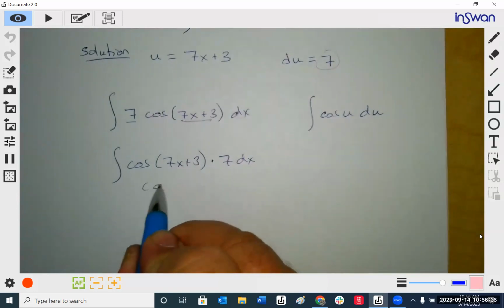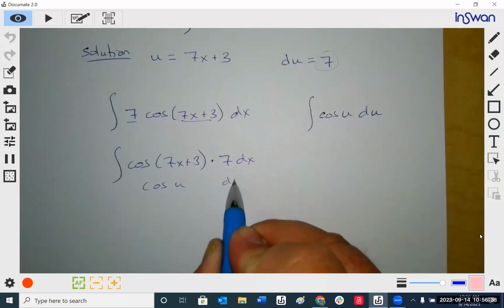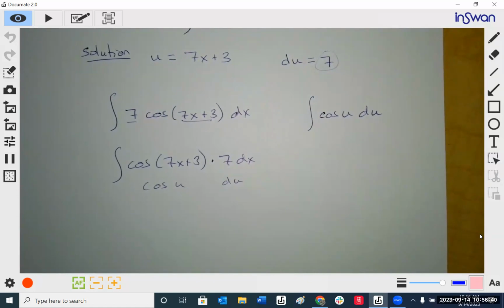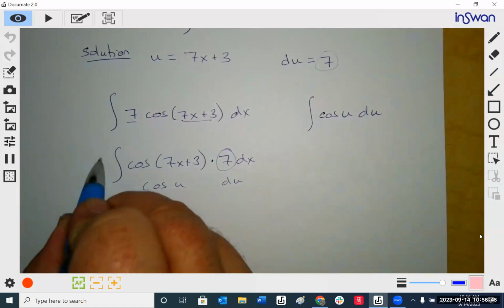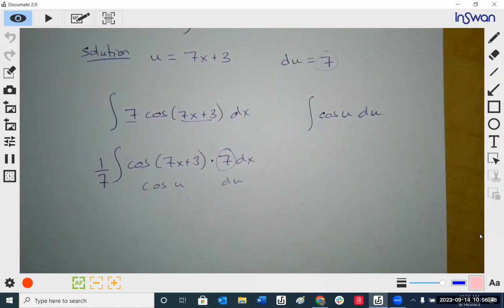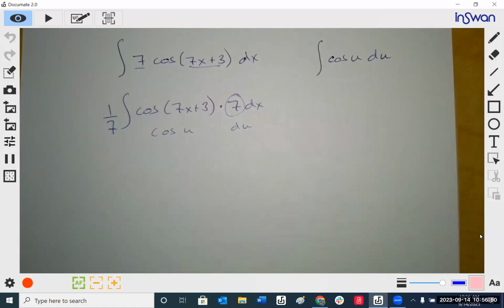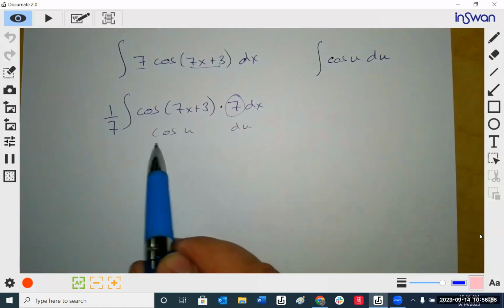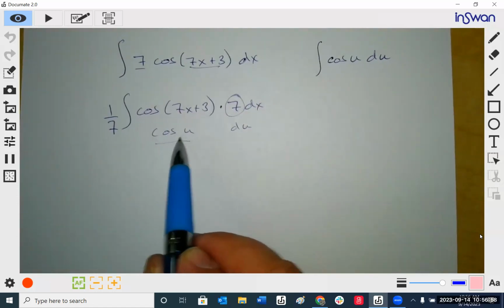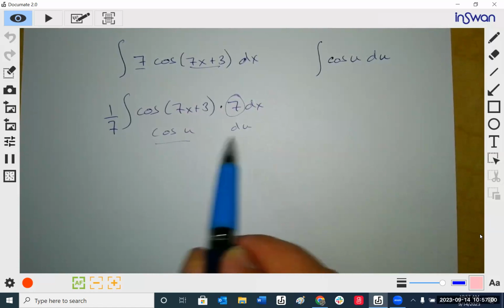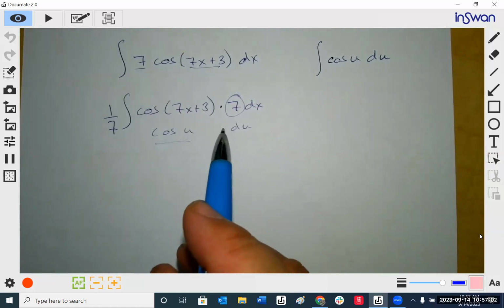This is cosine u, this is du. Because we added 7 here, we have to put a 1/7 out here. Our first objective is to make sure we have the u du part. That has to be defined. If not, then it doesn't matter what's in front yet.